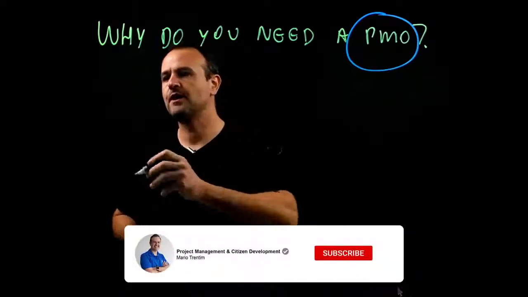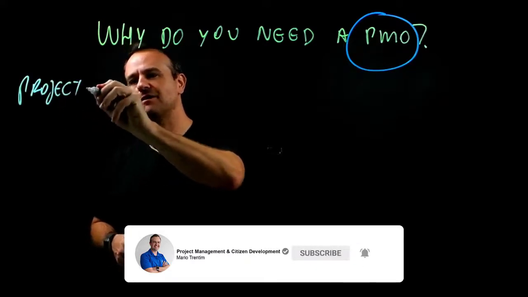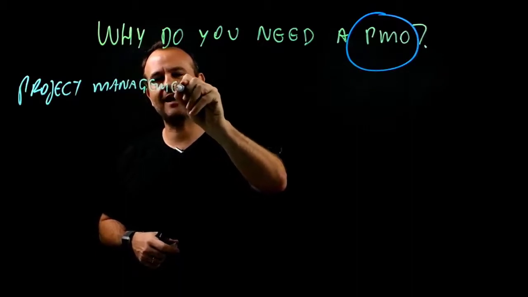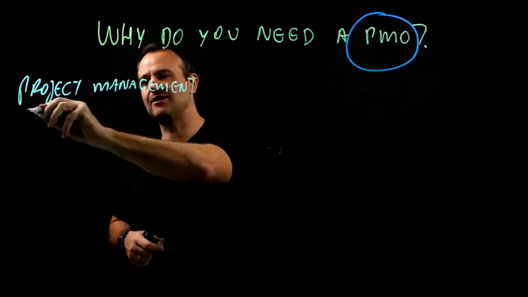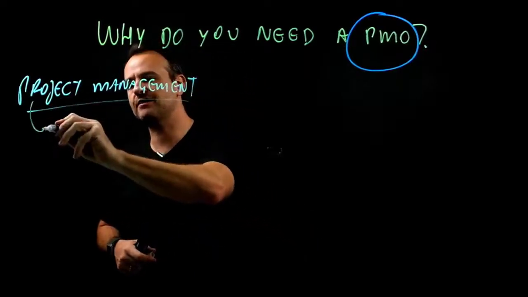So first of all, why do we need project management anyway? You have probably heard about project management, and maybe you are very familiar with the PMBOK Guide, PRINCE2, or other methodologies. Project management is about temporary endeavors.